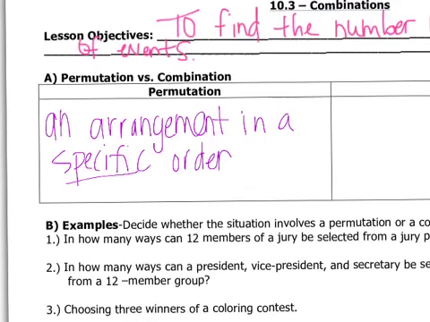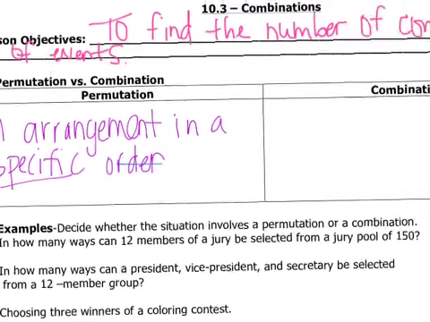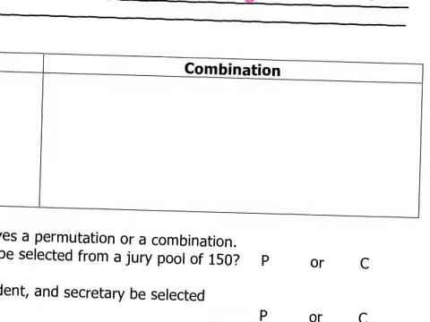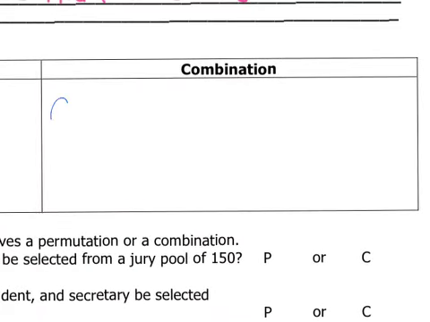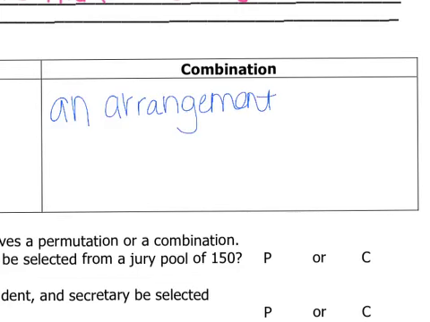So, like I said, a combination is an arrangement where the order is not specific.